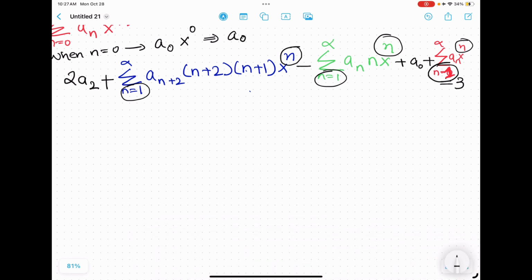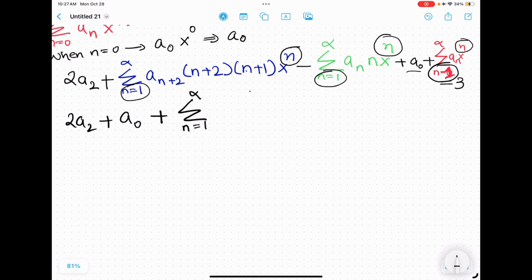All right. So that means I can finally combine them into one, right? So that is our fourth step. So let's go ahead and do that. So I have my 2 a sub 2 plus the a sub 0 from here. And now combining all of them together, it's going to start from n equal to 1 to infinity.